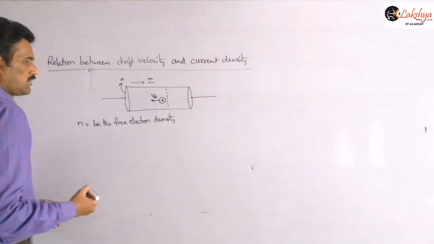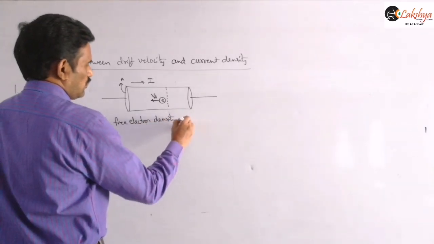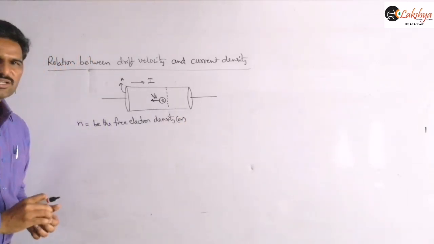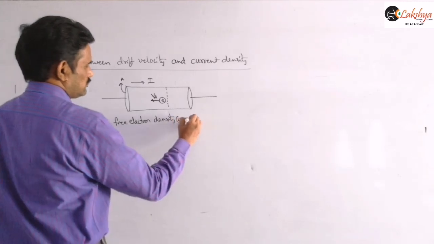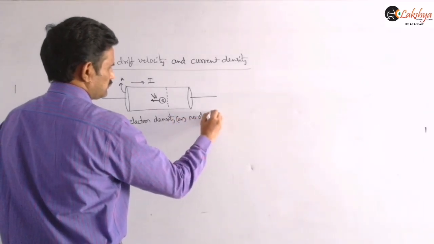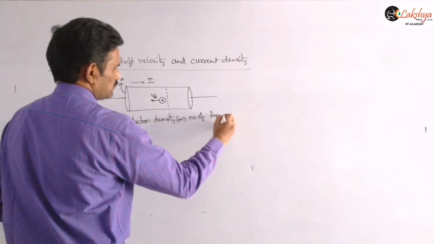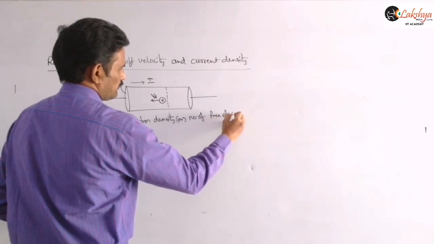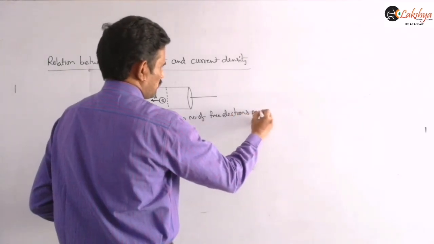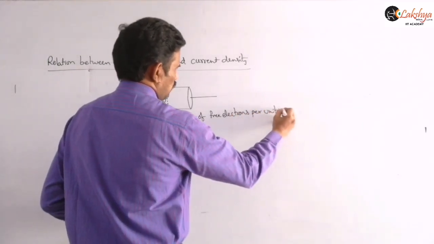That is, the number of charge carriers per unit volume, or the number of free electrons per unit volume.